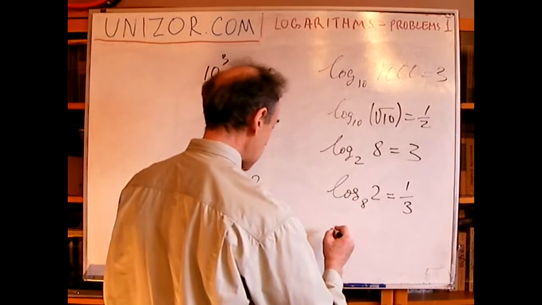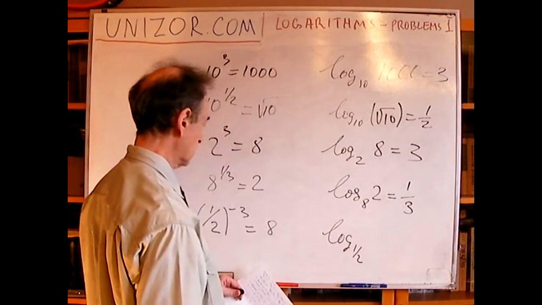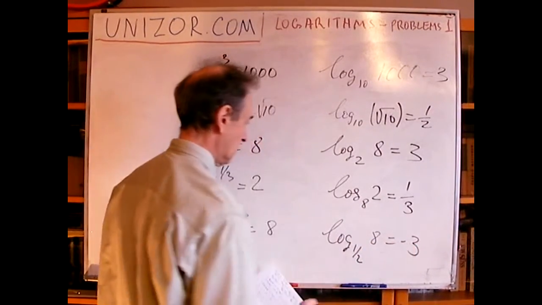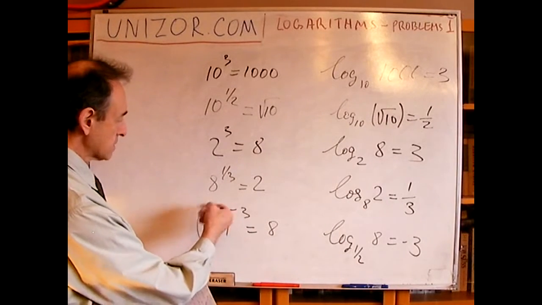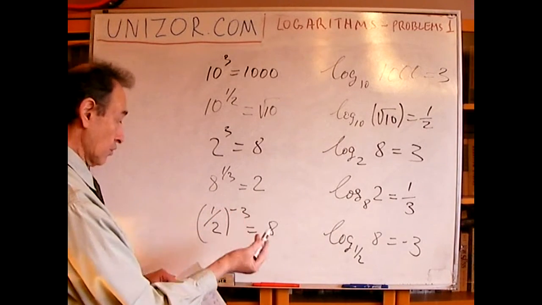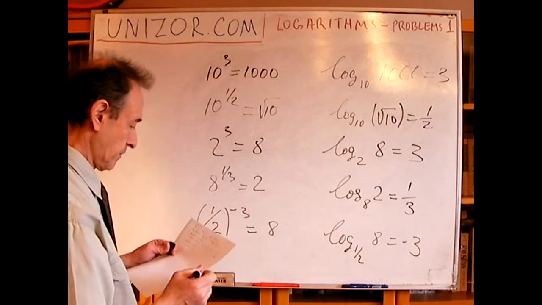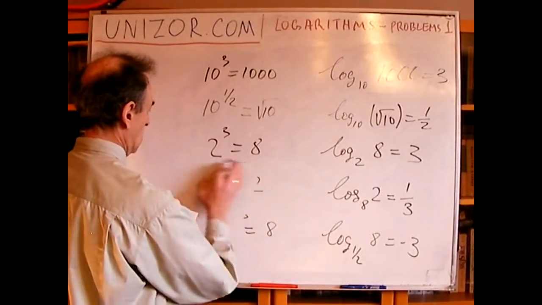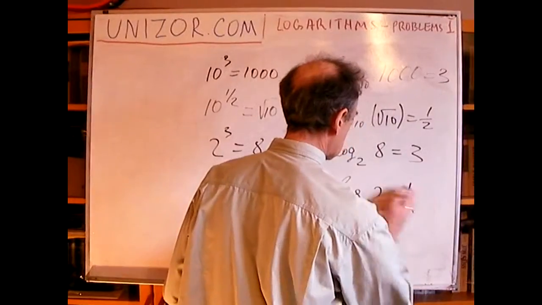It's exactly the same as log base 1/2 of 8 is equal to -3. Both are correct. Indeed, minus means we have to invert 1/2 into 2, basically, and then cube would be 8. Same thing there. And the last one in this series.